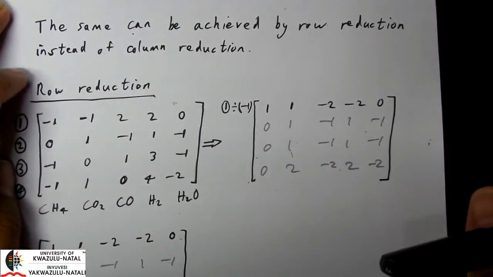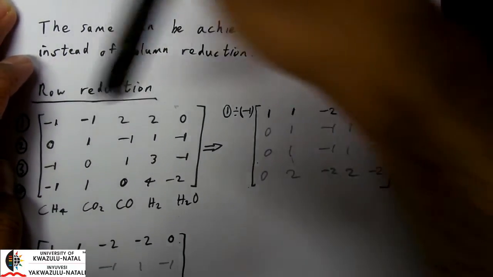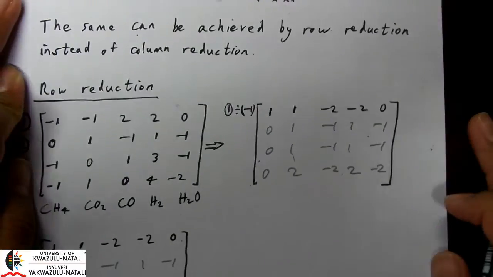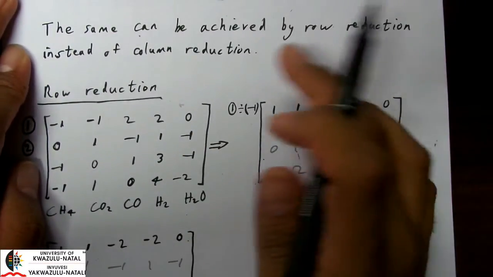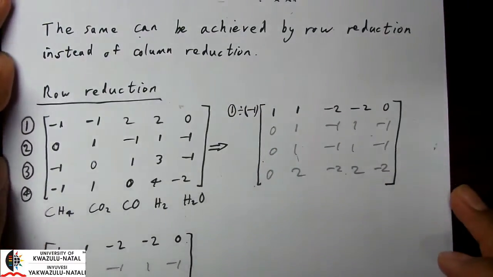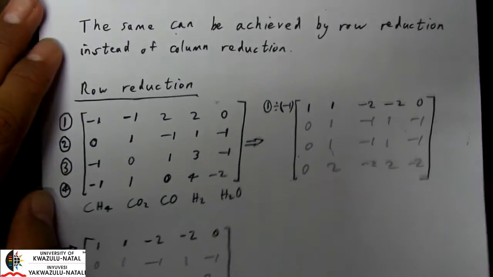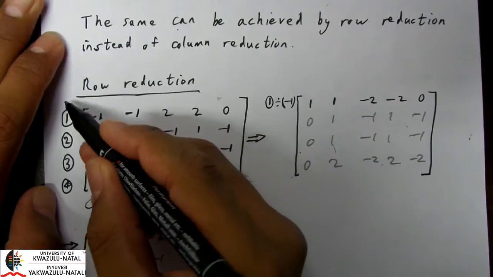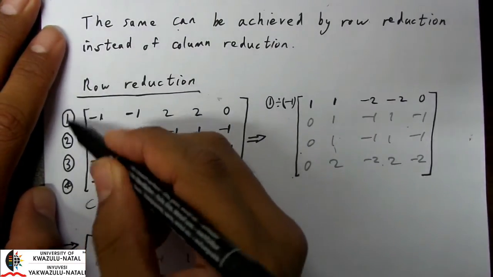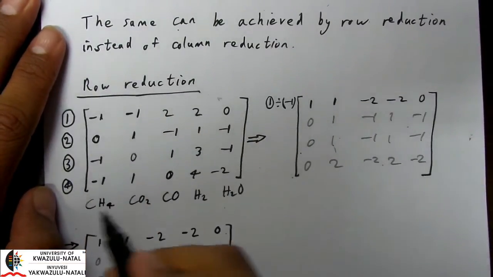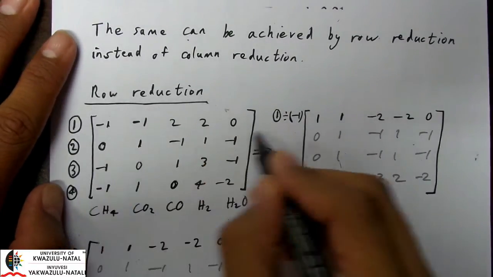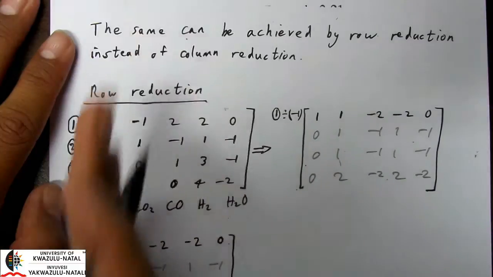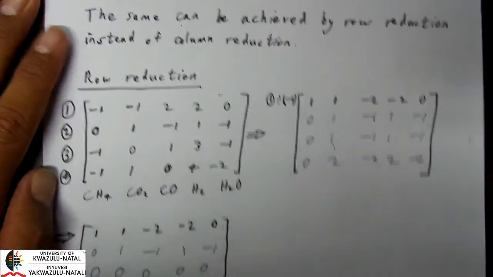Just as a side note, and you can perform this if you prefer as well, we can also perform a row reduction instead of a column reduction, and this will involve putting our reactions on the side here and our types of species at the bottom, or of course at the top, and listing them sideways instead of vertically.